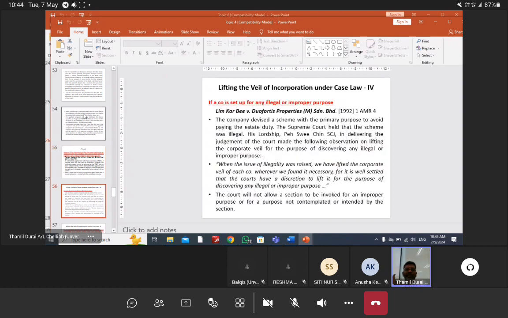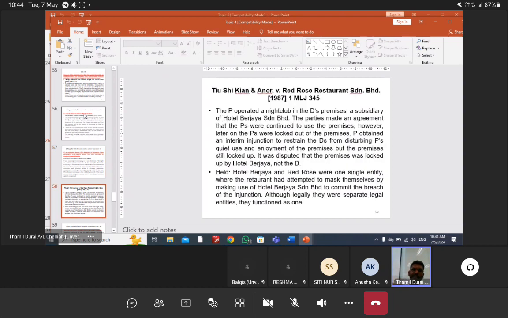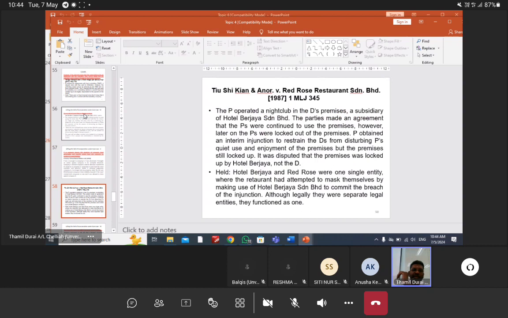If a company is set up for any illegal purpose or improper purpose, the officers and the members can be held liable as well. Case Lim Kah Bee. If a company ignores the doctrine of separate legal personality, transferring assets from one company to another, again, officers will be subject to liability. You can get two cases there. You can mention any one of the cases, sufficient.